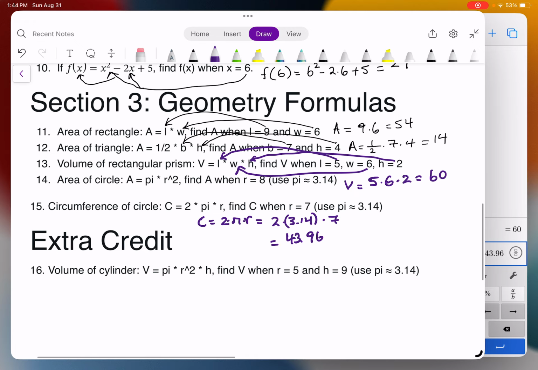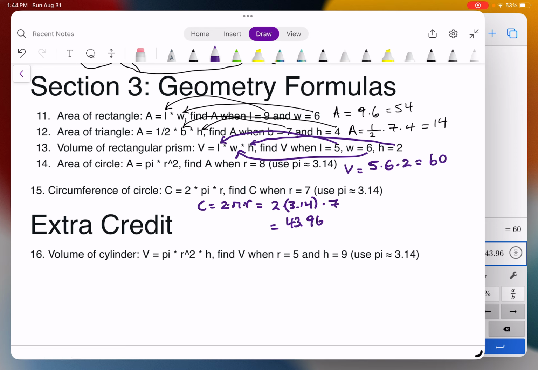And number 16, the one for extra credit, we have V equal pi times r squared times h. We'll replace r with a 5. So pi times r, which is 5 squared, use parentheses if you like to see it separated, you don't have to, times h is 9. And I forgot to replace the pi with 3.14.